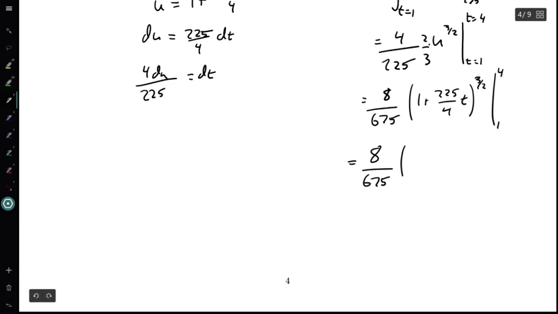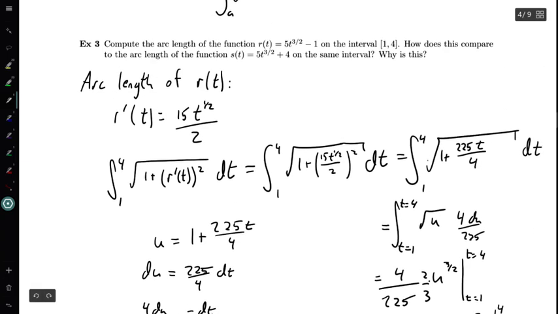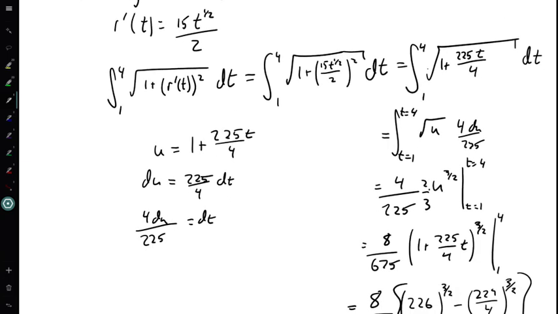Let's see. 1 plus 225 times 4 over 4 is going to be just 225, which is a nice round 226 to the 3 halves, minus the thing evaluated at 1, so that's going to be 229 out of 4 to the 3 halves. Lovely. We have some kind of number here, and that is going to represent the length of whatever this curve is. Cool.